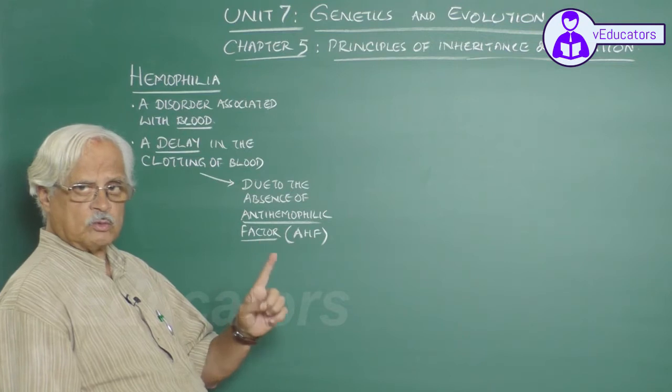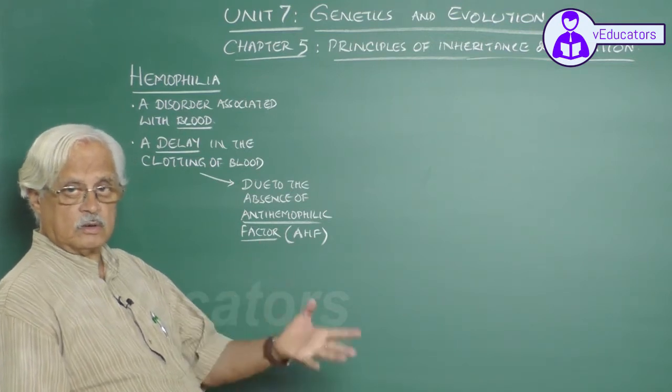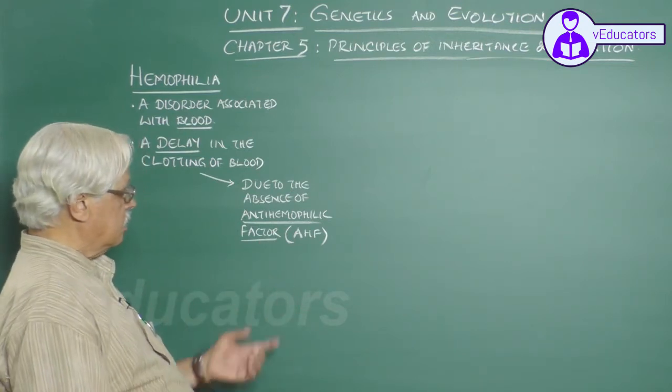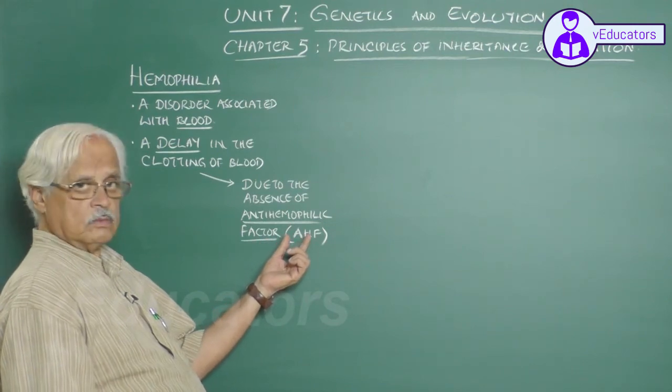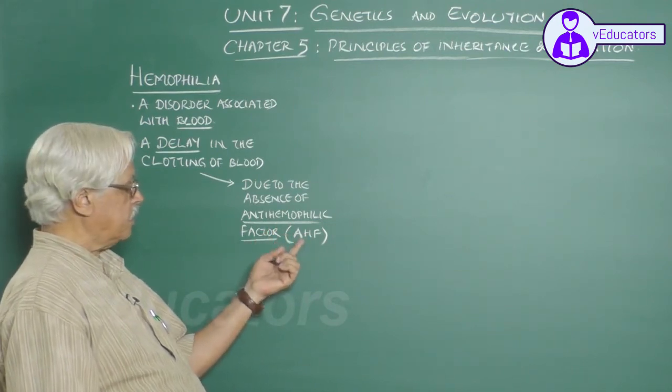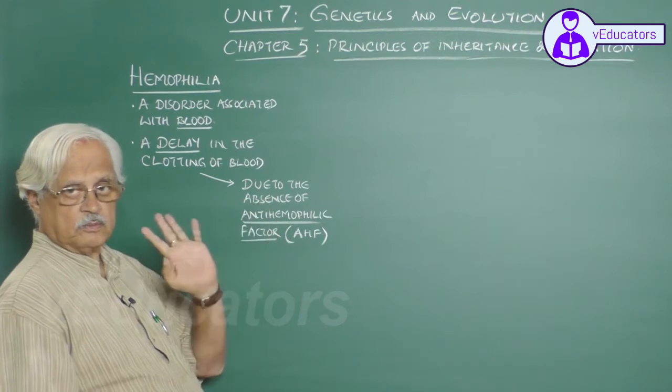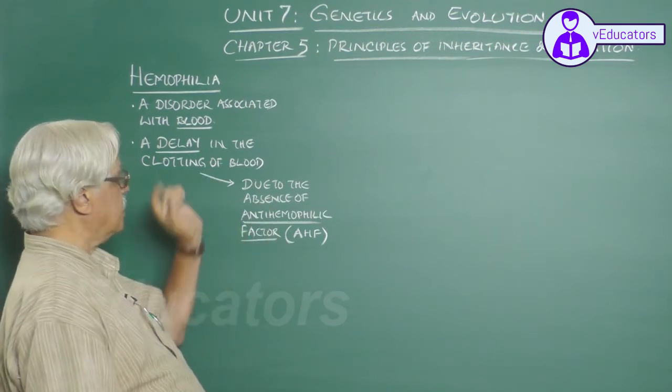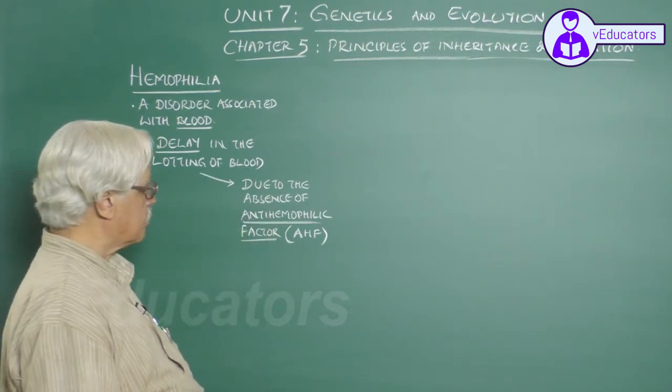AHF is just one of the 13 factors that are involved in the clotting of blood. AHF, anti-hemophilic factor, will not be present. Therefore, there is a delay in the clotting of blood.